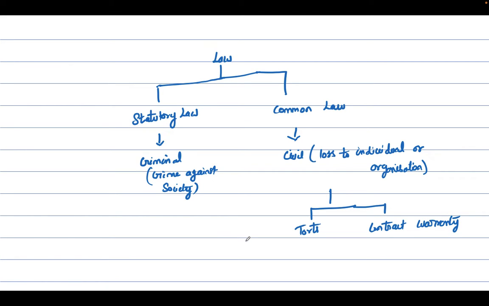So all these, criminal, torts and contract warranty, it is classified into three categories: intentional, unintentional, the third is strict liability.